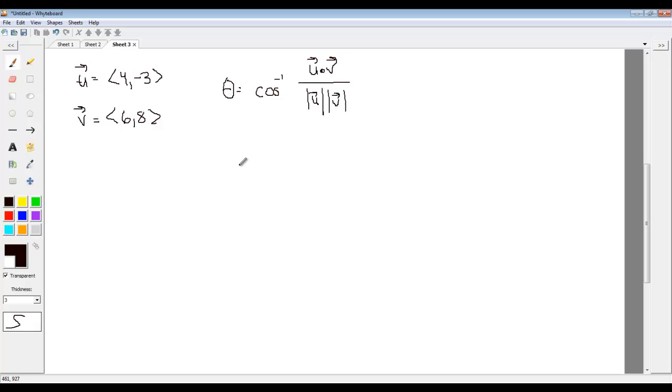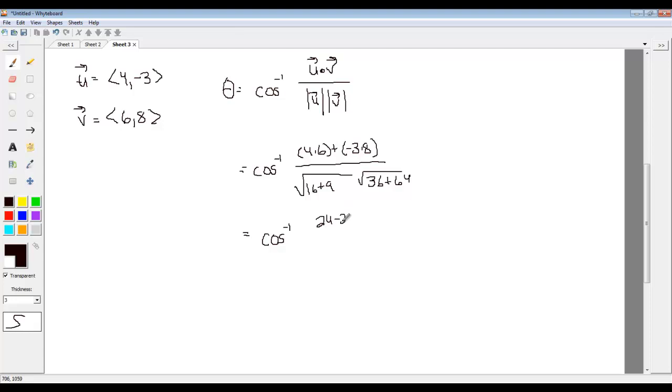Okay, so we're going to do the inverse cosine of the dot product: 4 times 6 plus negative 3 times 8. And on the bottom we're going to have the square root of 16 plus 9 times the square root of 36 plus 64. So we're doing the inverse cosine of 24 minus 24.